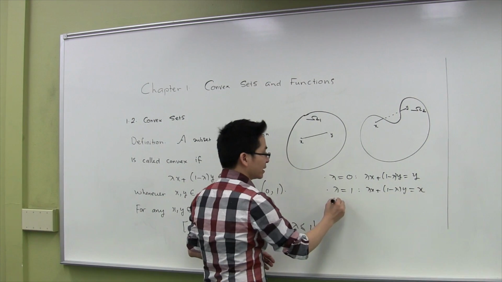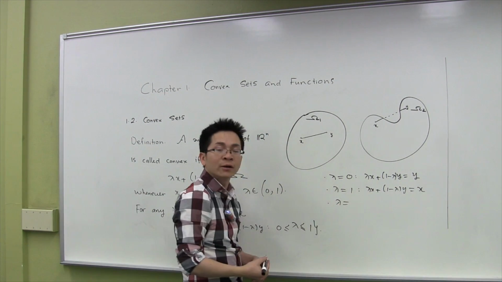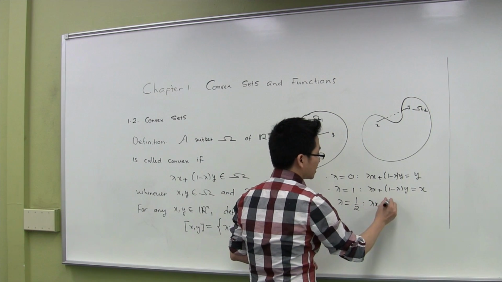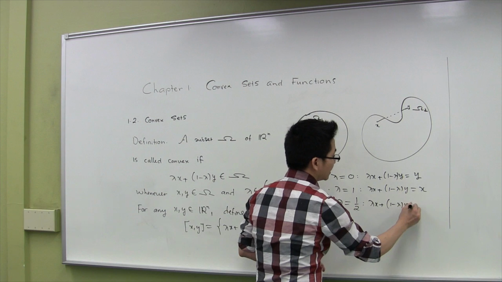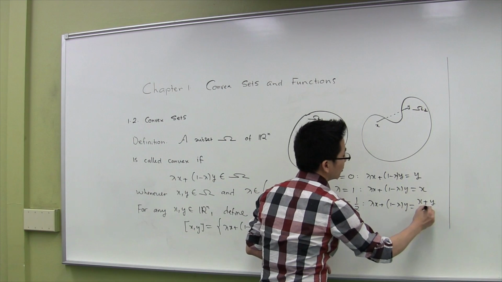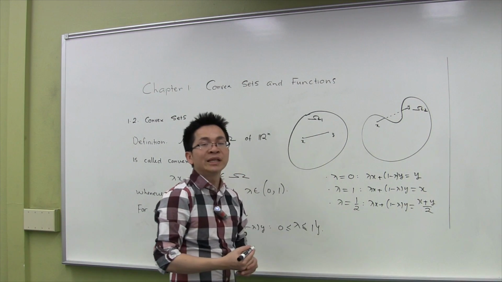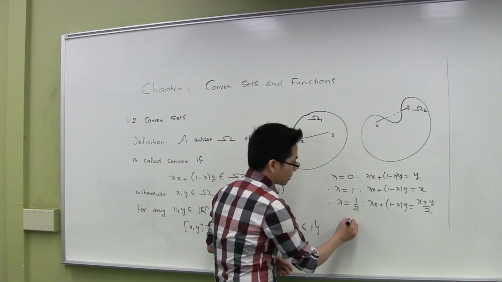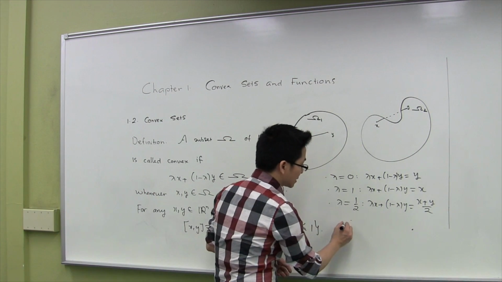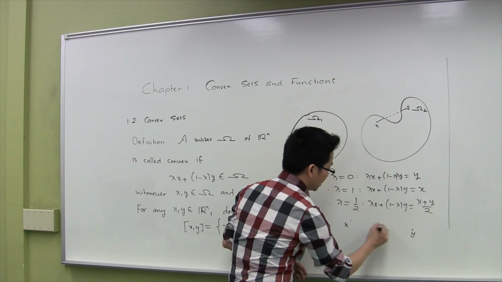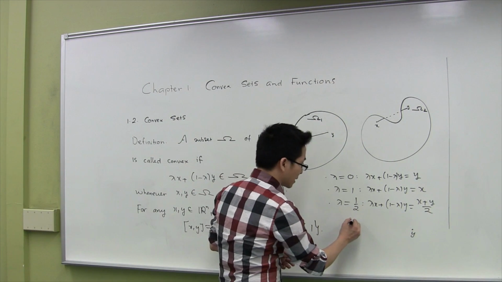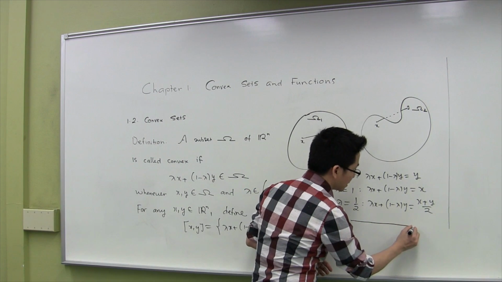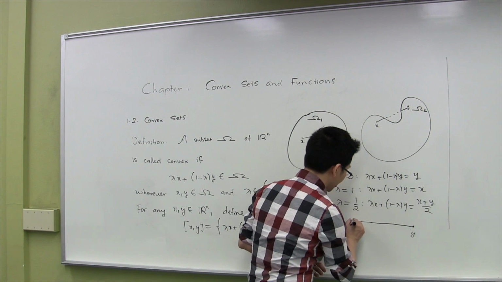And if lambda is equal to, for example, 1/2, then lambda x plus 1 minus lambda y is equal to x plus y over 2. That is the midpoint of the interval connecting x and y. So if this is x and this is y, the line segment connecting x and y contains all points in this line segment.